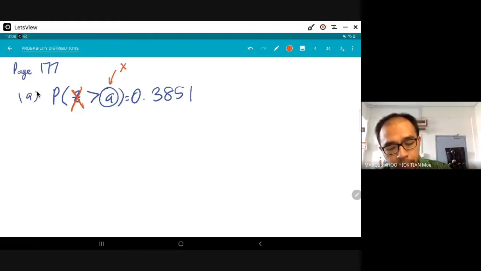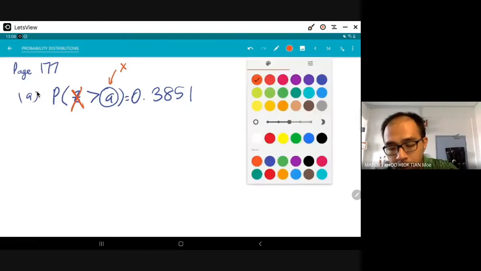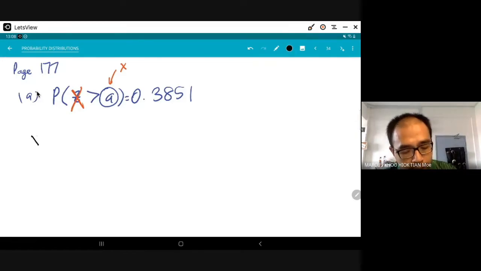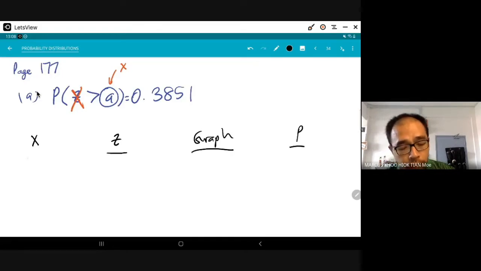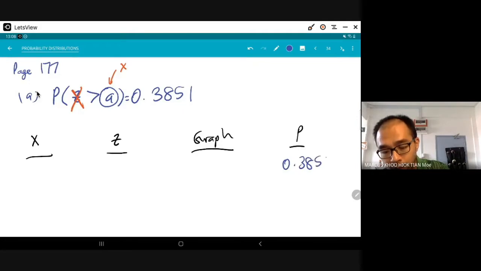Let's start. The table remains the same. The table doesn't change. It is always X here, Z here, the graph, and then the probability. The only difference now with this question is the probability that I have given you, which is 0.3851. Let's think about this now, people.